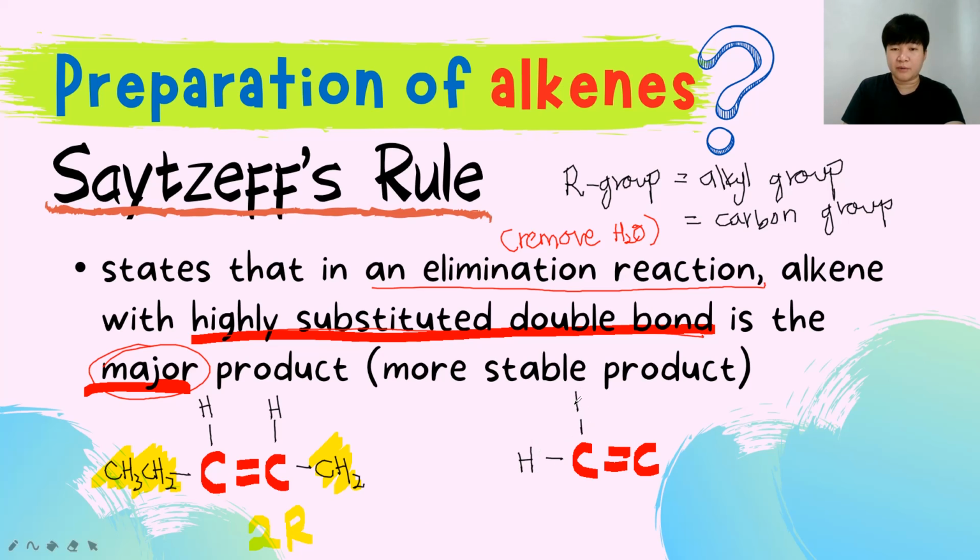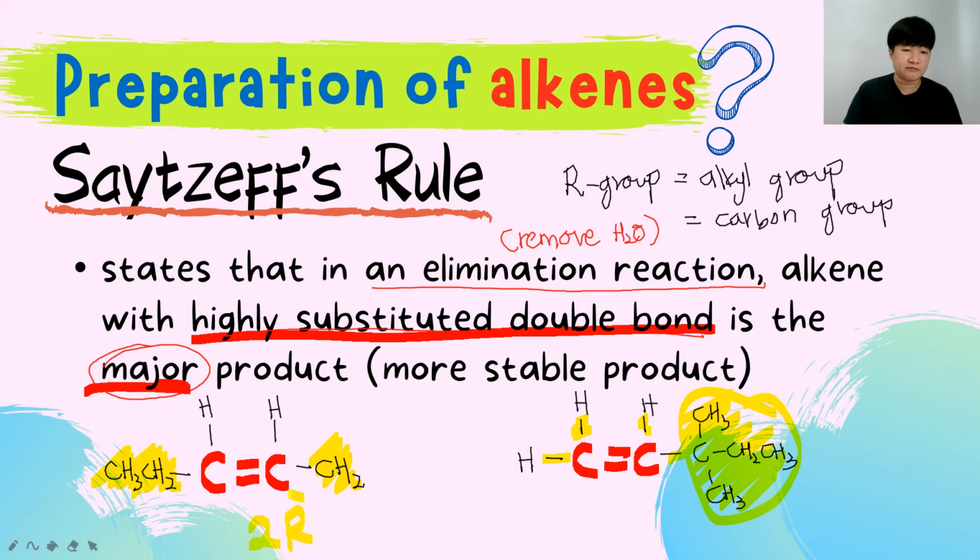Compared to this double bond, which might have something like this, even though the carbon group is very big, we only take this as one carbon group. A carbon-carbon double bond can have four bonds, so maximum you can hold four carbon groups. Over here, you have two carbon groups. Over here, you have one carbon group, one R group.